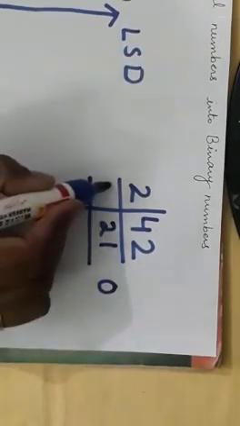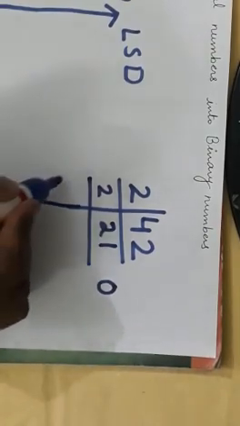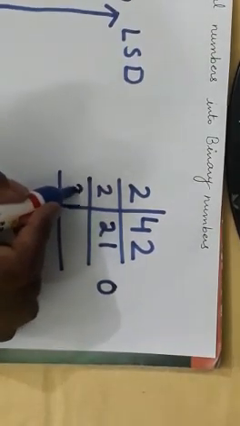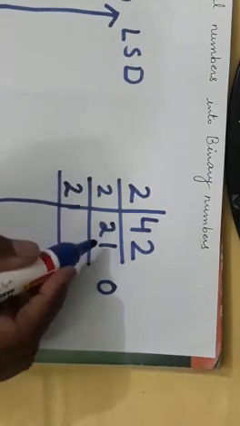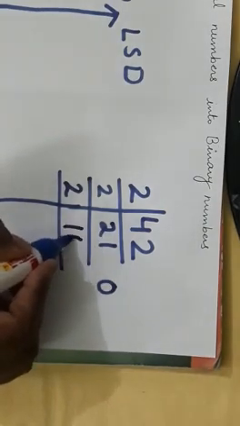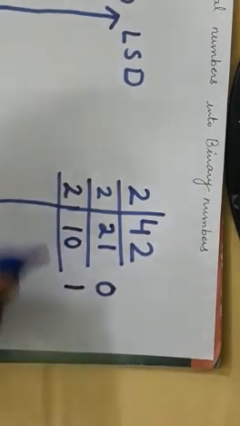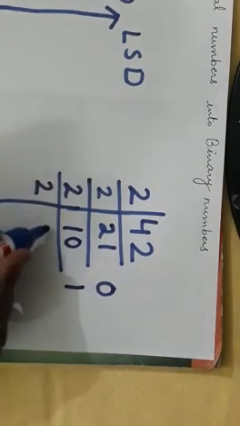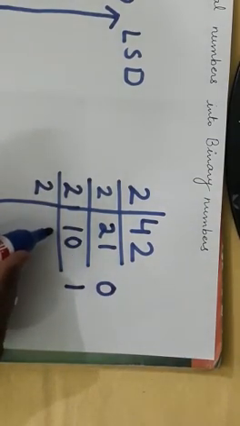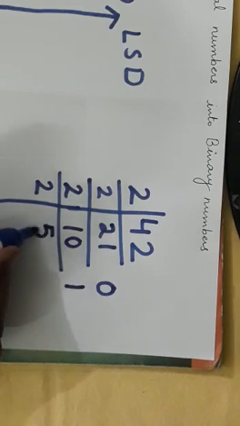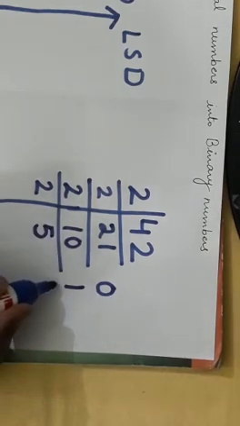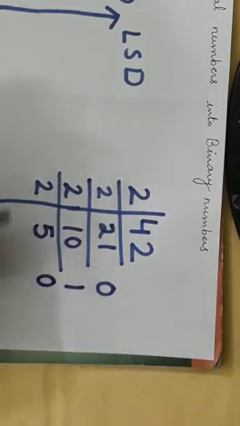Then 2, again we will read the table, so it will go 10 times, and the remainder will be 1. Then again you divide the number and this will go 5 times, and the remainder here will be 0.